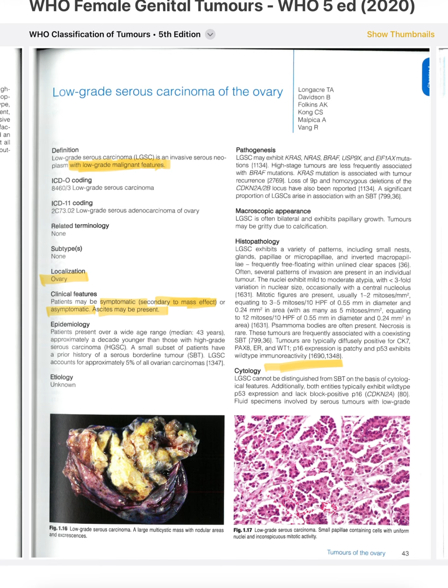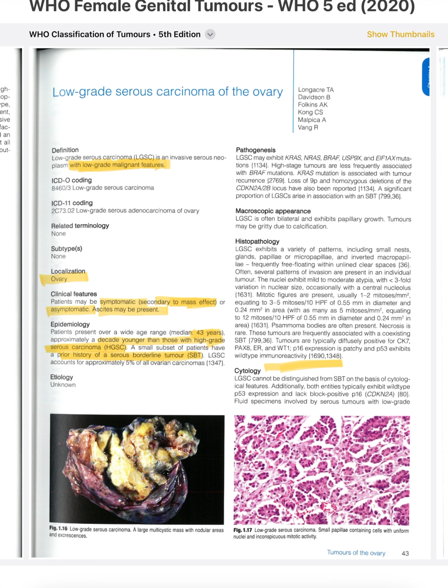Ascites may be present. Epidemiologically, these patients present over a wide age range, but the median is 43 years, approximately a decade younger than those with high grade serous carcinomas. A small subset have a prior history of serous borderline tumors also.